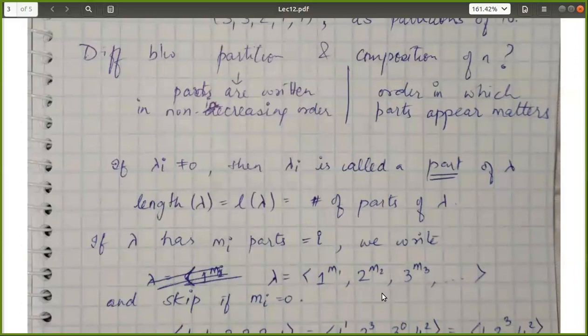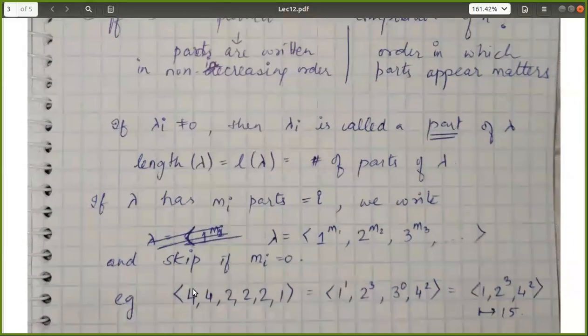So for example, if I take this 4, 4, 2, 2, 2, 1, then how many parts are there which are equal to 1? 1. How many parts which are equal to 2? 3.